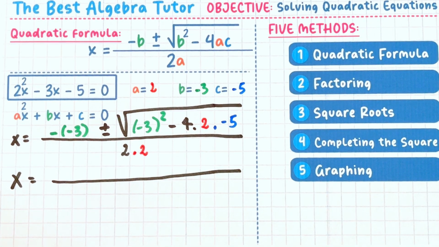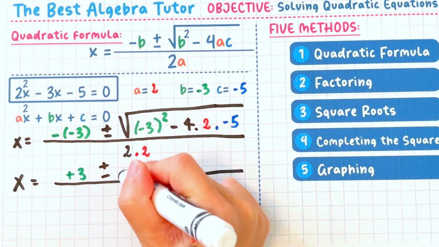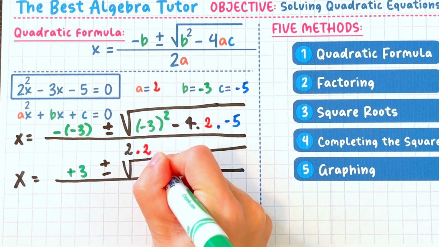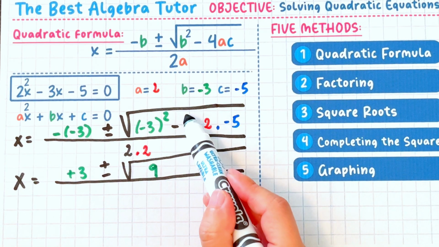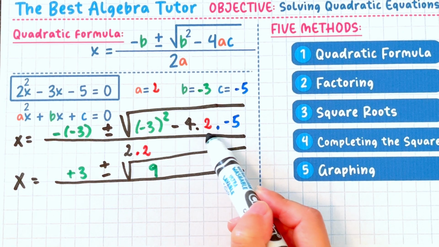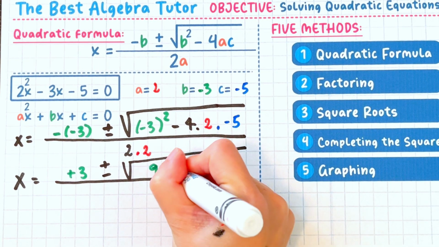Negative times negative 3 is positive 3, plus minus the square root. So negative 3 to the power of 2 is 9. Negative 3 times negative 3 is positive 9. And then negative 4 times 2 is negative 8. Negative 8 times negative 5 is positive 40.